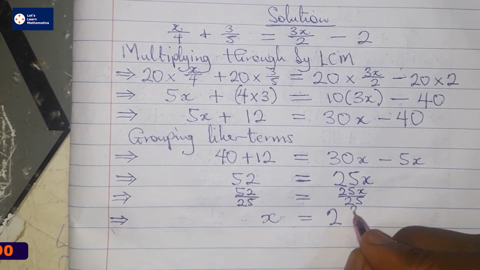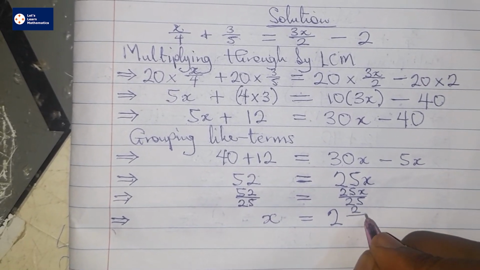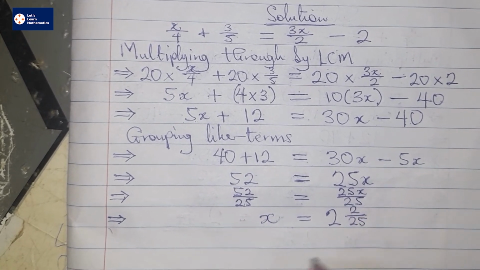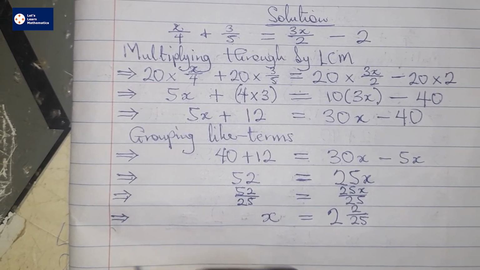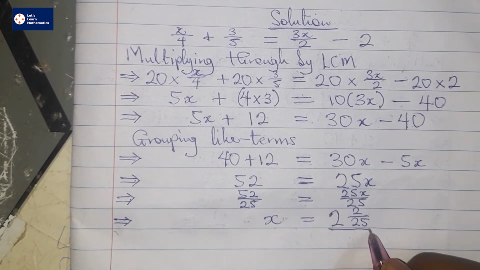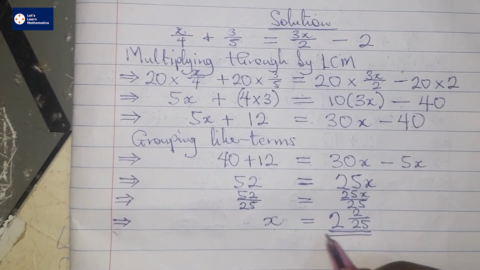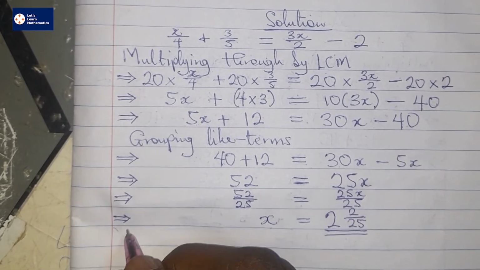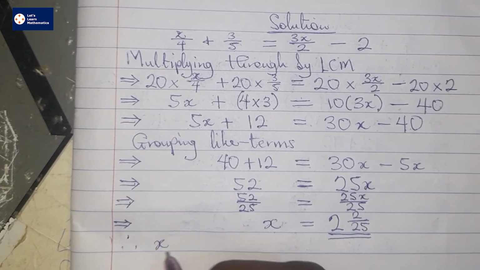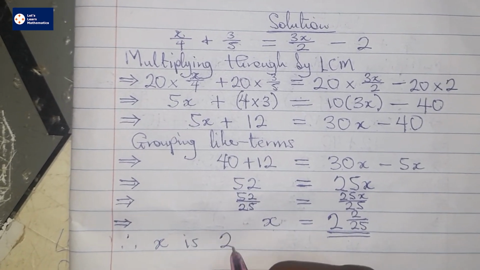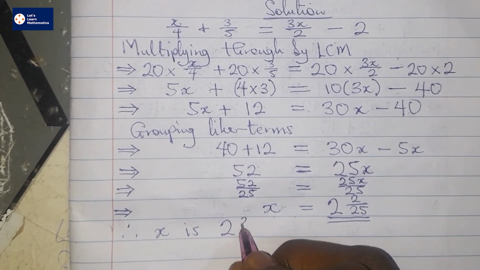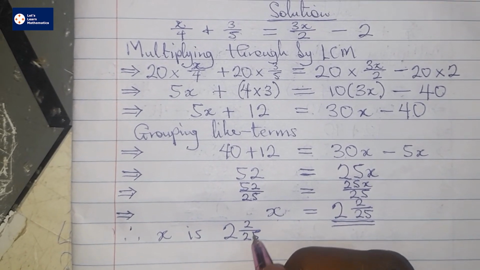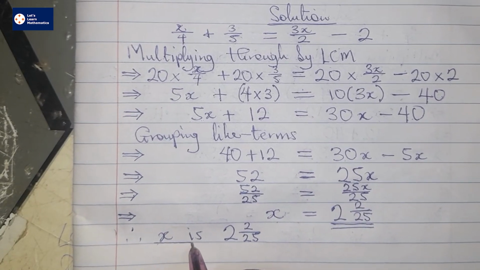Now write that 2 at the top, divided by my denominator, which was 25. So x is equal to 2 whole number 2 over 25. Then you say that therefore x is 2 whole number 2 over 25. You can underline that nicely.